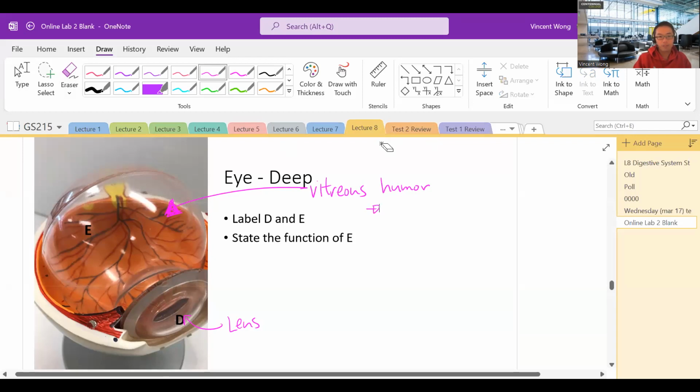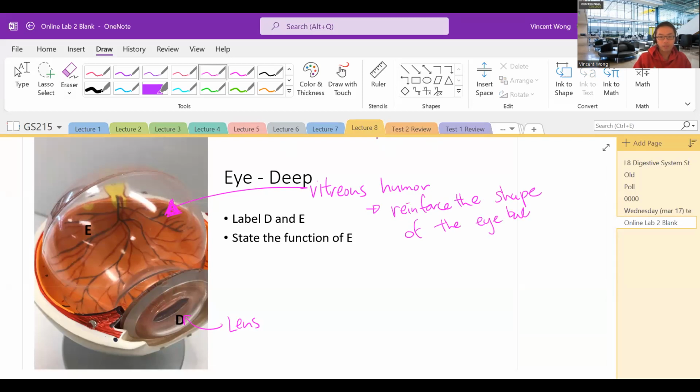Function of E, the vitreous humor, is to reinforce the shape of the eyeball.